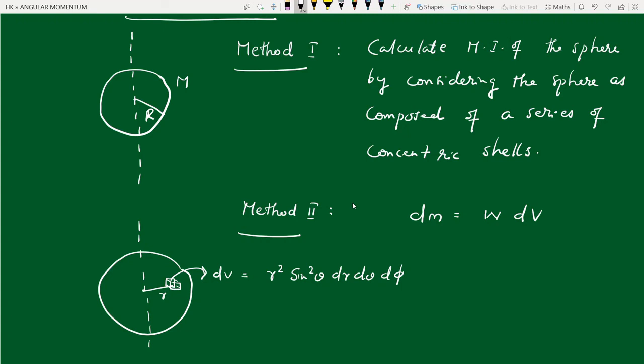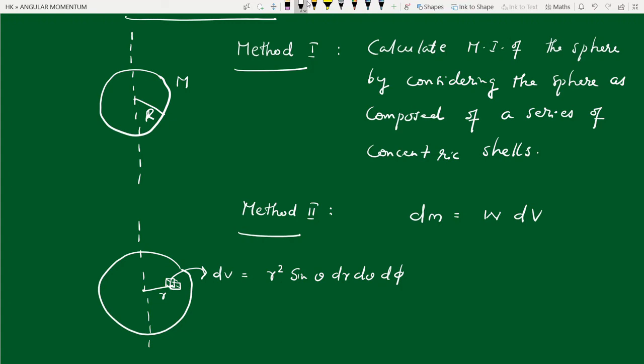Not sine square theta, r square sine theta, so square is not there. This is the volume element in spherical polar coordinates.